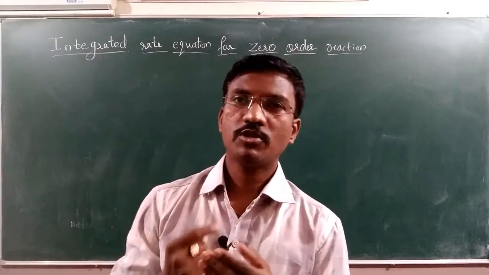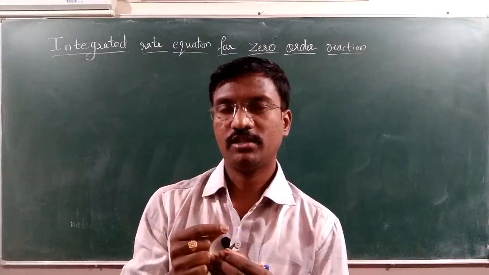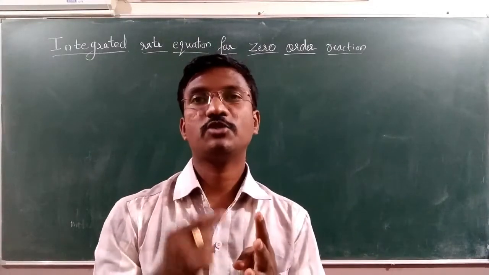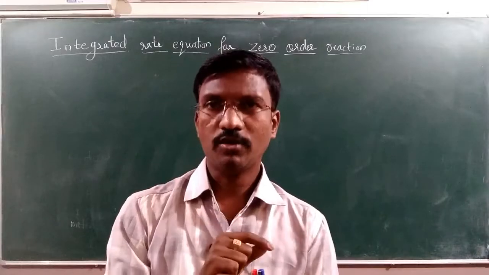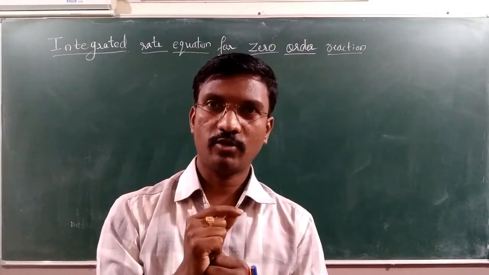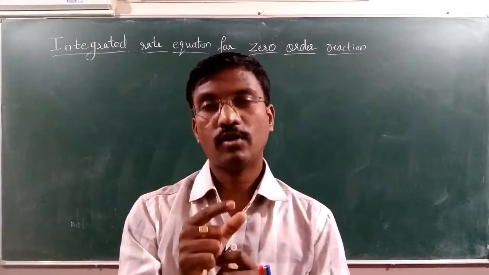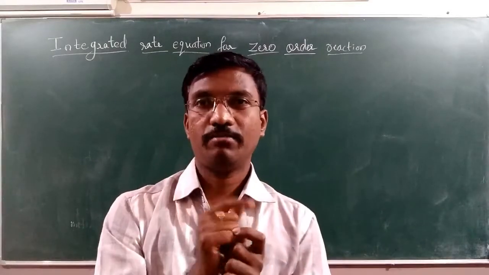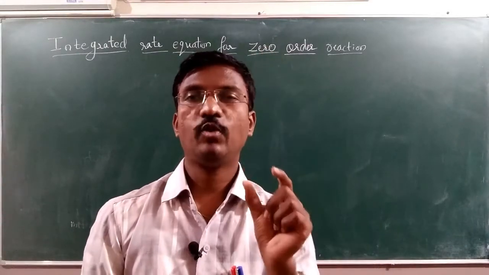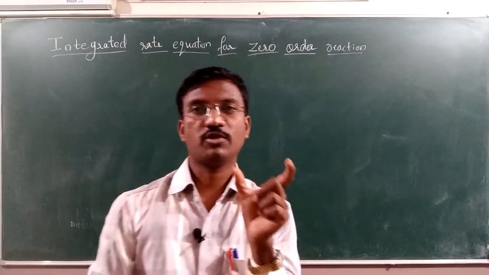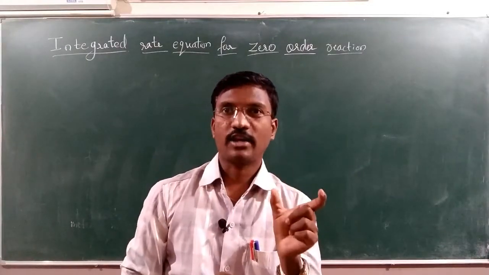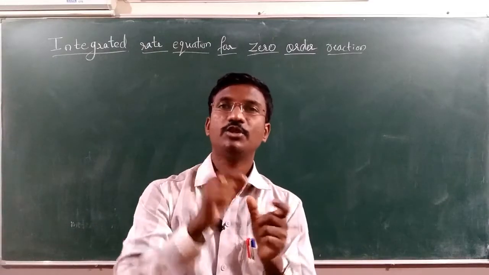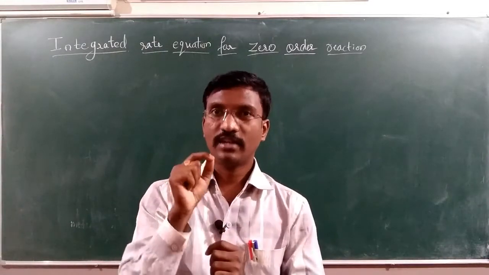Here it's not possible to determine the order of the reaction based on the instantaneous rate of reaction or only the differential expression, because the integrated rate of reaction indicates that we are calculating the rate of the reaction for some duration of time, meaning integration from one value to another value. In that duration it's possible to calculate the rate of reaction. That's why we are deriving the integrated rate equation. This equation is used to calculate the rate of the reaction.